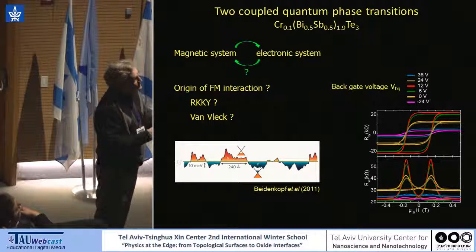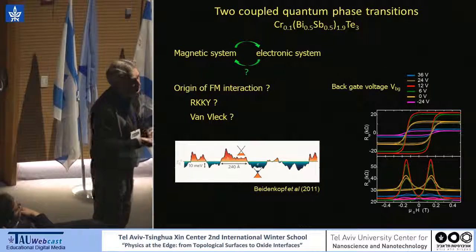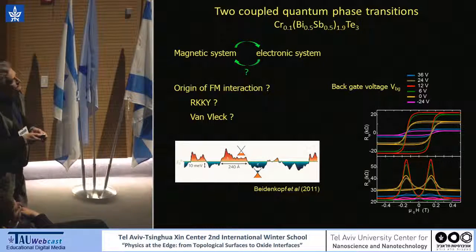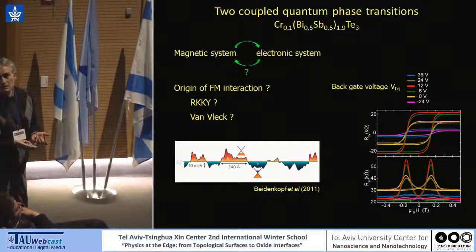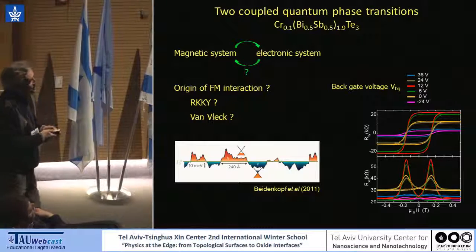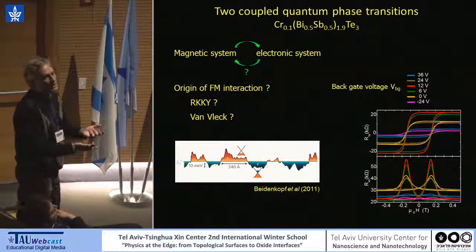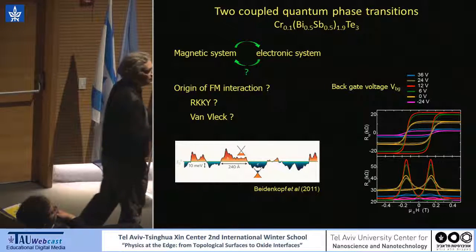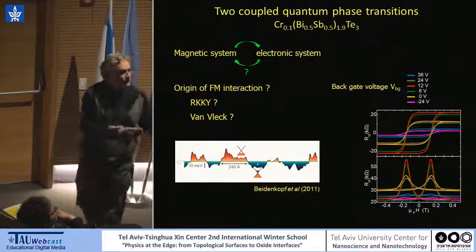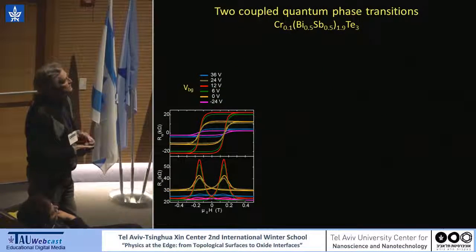And again, to your question, you see they're all flat. So the external magnetic field is not an issue. And you see that essentially the coercive field is backgate independent, or independent of the carrier concentration. So on a macroscopic scale, changing carrier concentration doesn't do anything to the magnetism. They are completely decoupled in this sense.